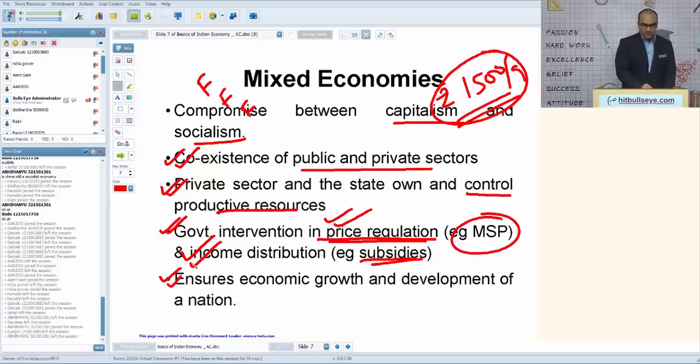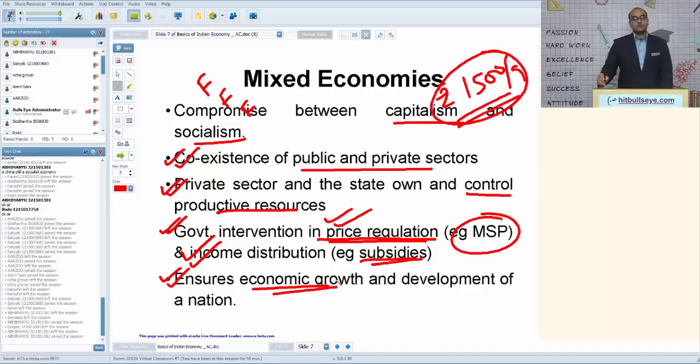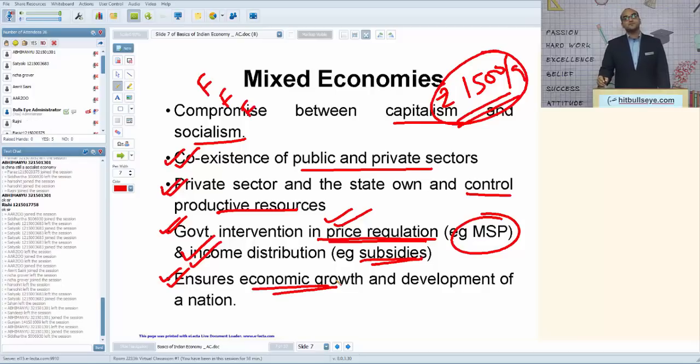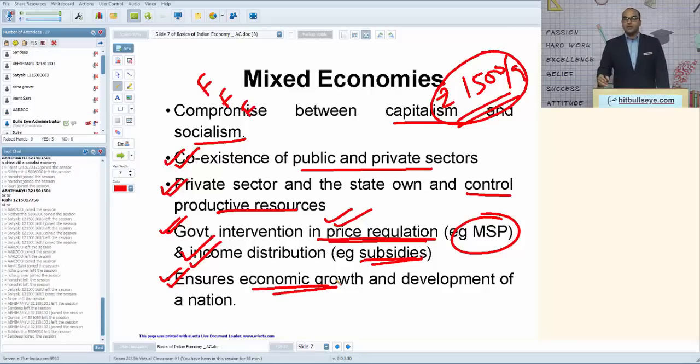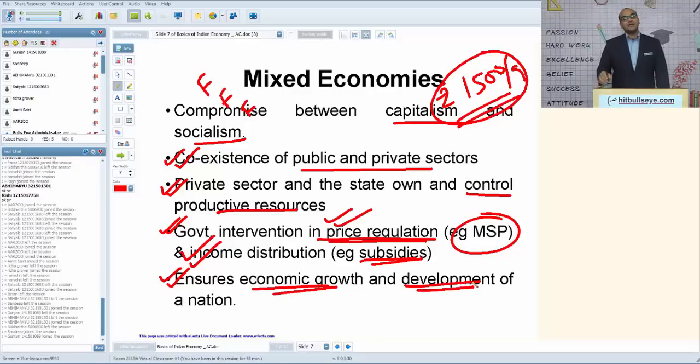Now when you talk about economic growth, of course the government gives a free hand to the private sector. It is allowed to grow at its own pace, make its own decisions. And also development. In this case, the government will take care of certain deprived sections of the society or certain areas, for example, which are remote.